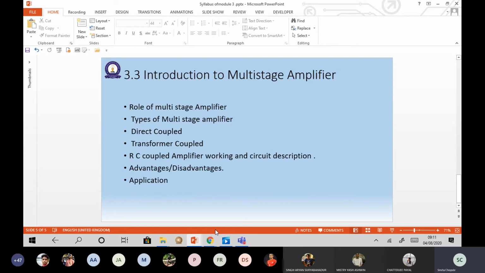The second objective is to help you in designing some small amplifiers. And lastly, thirdly, you will be learning about multi-stage amplifiers. I think yesterday's guest lecture also covered which is the best multi-stage amplifier.